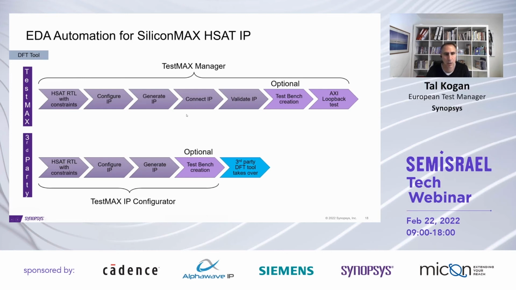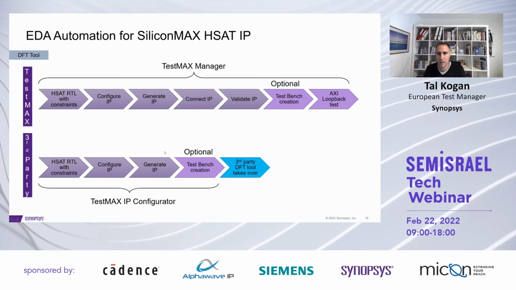Now, with that, it is also supported to work with a third-party tool. As I mentioned earlier, if there is a total disconnect between the functional interface that is used and the scan network, then we can actually insert the relevant IP, configure it again, generate it again, even create a test bench.